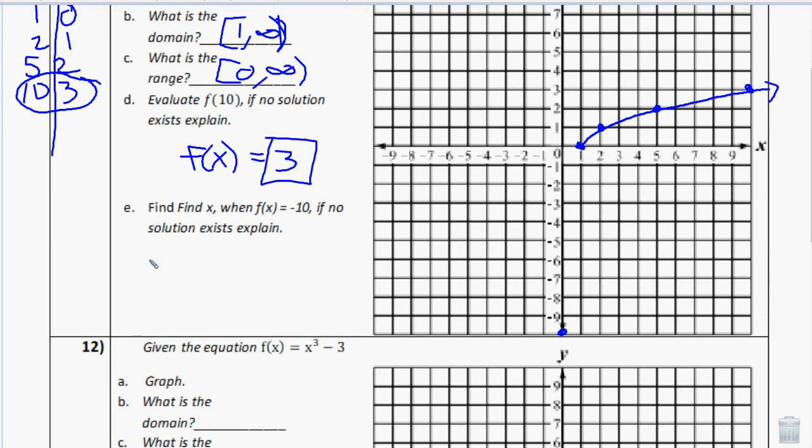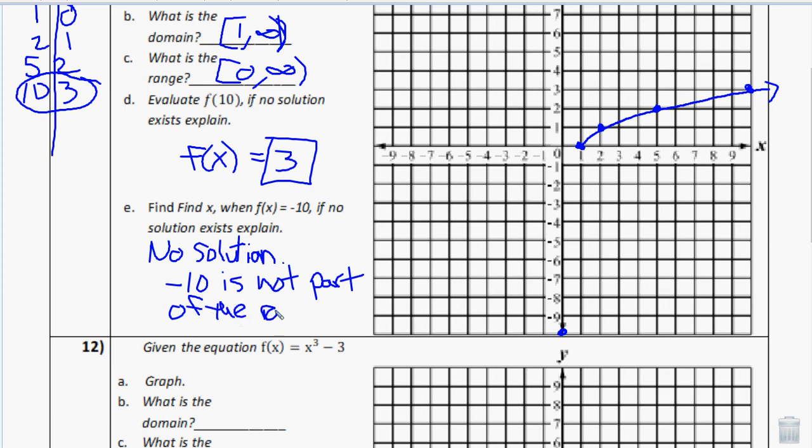There is no solution. We could say that negative 10 is not part of the range. Right, because this was a y value, and that's why I'm using the word range.